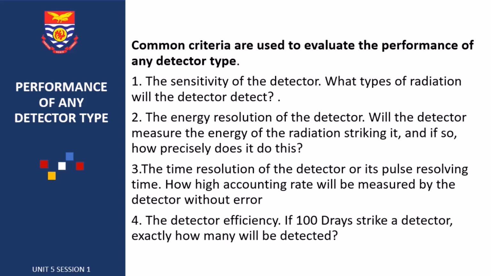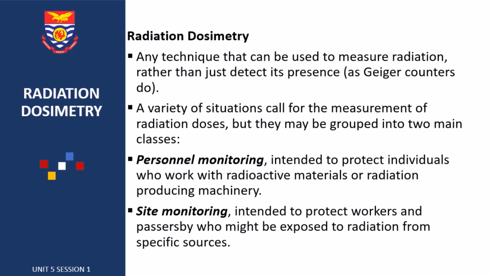So that is what we basically have in the third point. And then in the fourth point, we must look at the detector efficiency. With the detector efficiency, what we are looking at is that if we have, for example, 100 rays striking the detector, exactly how many would it be able to detect? So these are some common criteria that are used to evaluate the performance of any detector type.